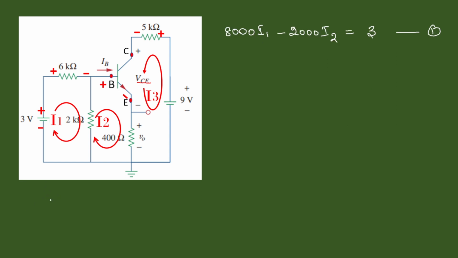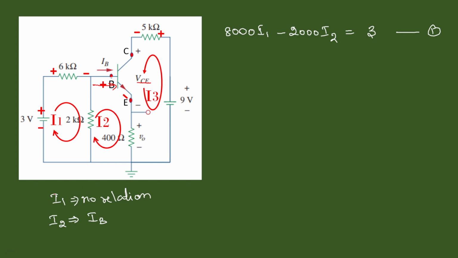We should know about the currents. This I1 is some unknown current. There is no relationship with the transistor currents. But when you see this I2, it is nothing but the base current, IB, which is flowing, right? Because the same current is entering into this base, so it is the base current.